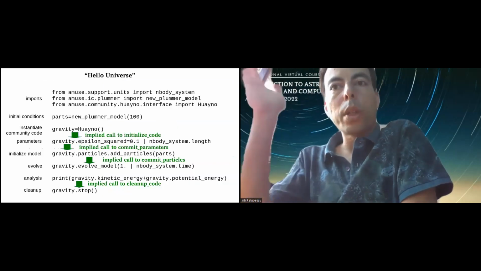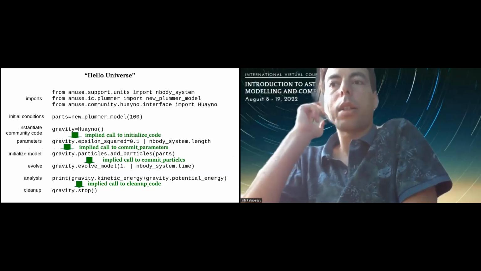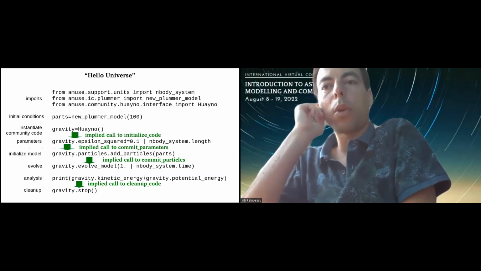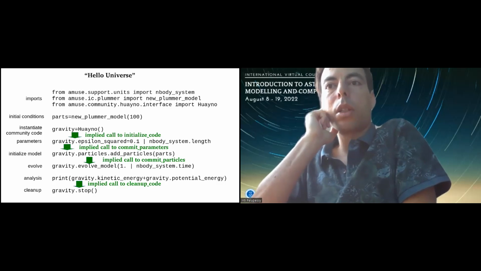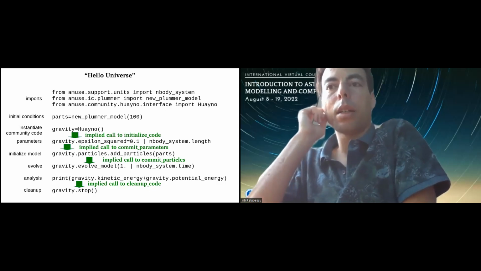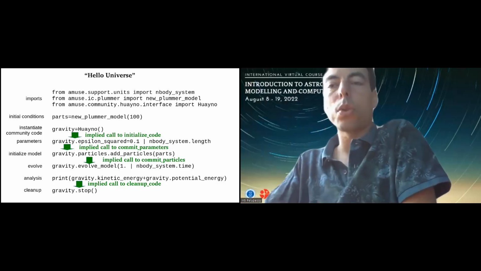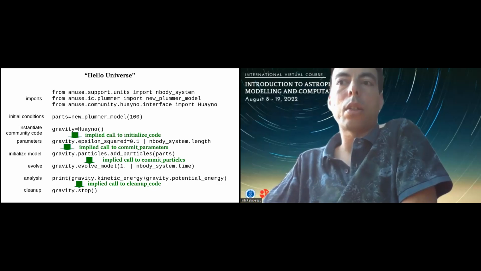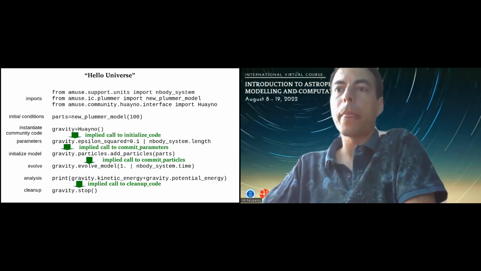When you actually run the script, behind the scenes the framework maintains the code that you're running in a consistent state. But as I said, as a user, you will not notice that the framework is working hard for you.